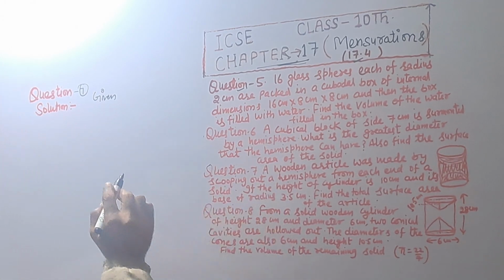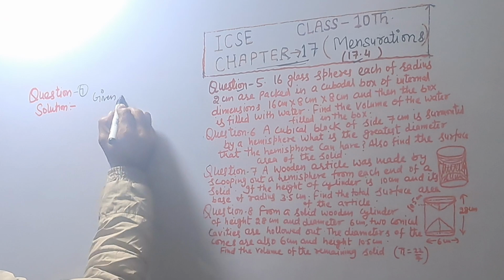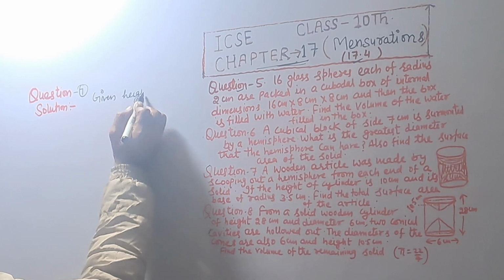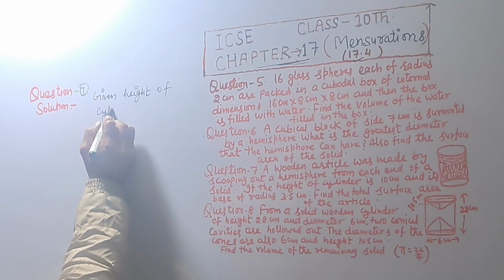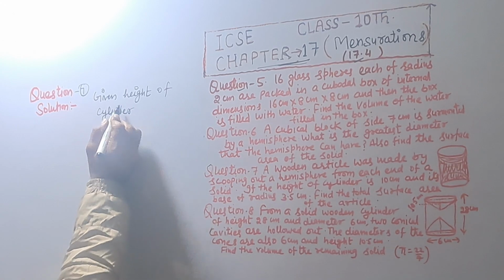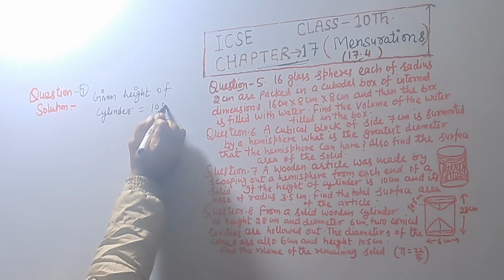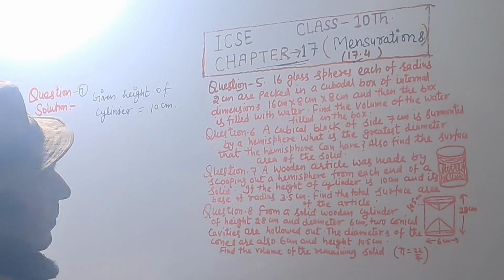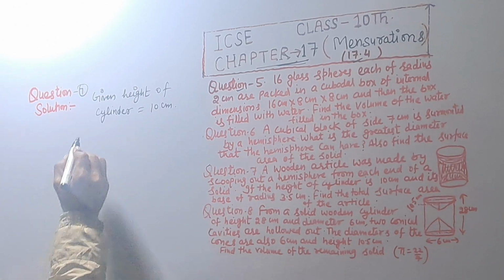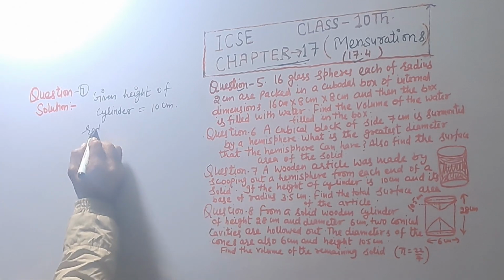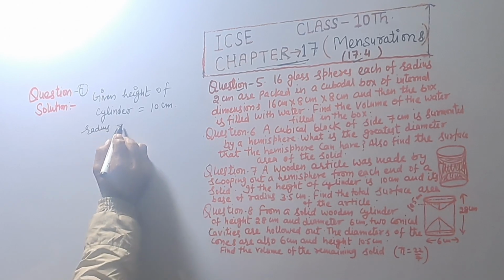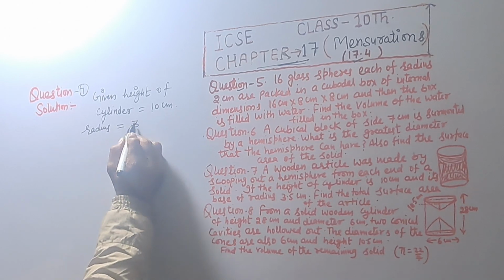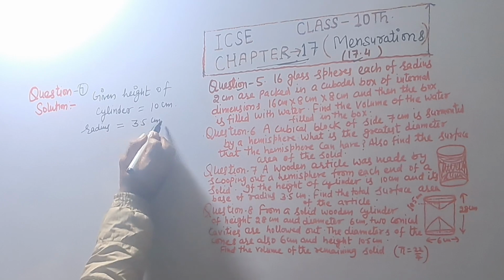Given height of cylinder is equal to 10 centimeter. Radius is equal to 3.5 centimeter.